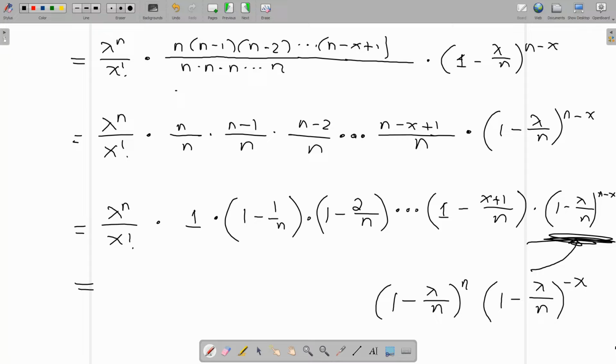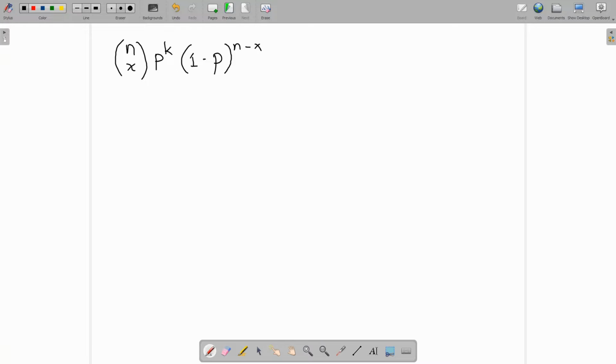Simple law of exponents. Now, back to our formula for the binomial distribution. Let us take its limit as n approaches infinity. We have already expanded this. We know that this is equal to that very long expression.